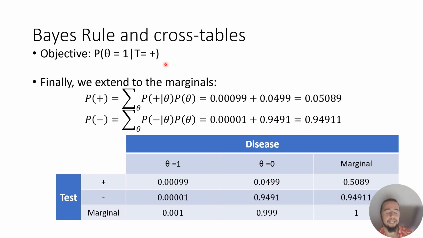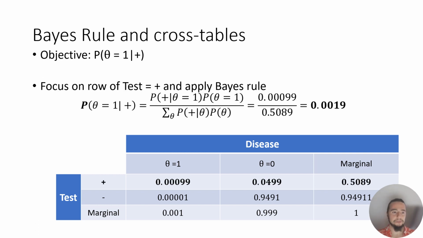Now we can get to our goal, the probability of being infected given you have a positive test. We need to focus on the row of getting a positive test and apply Bayes' rule. So the probability of being infected given a positive test is the probability that we already knew, a positive test given you are infected, multiplied by the probability of getting infected.